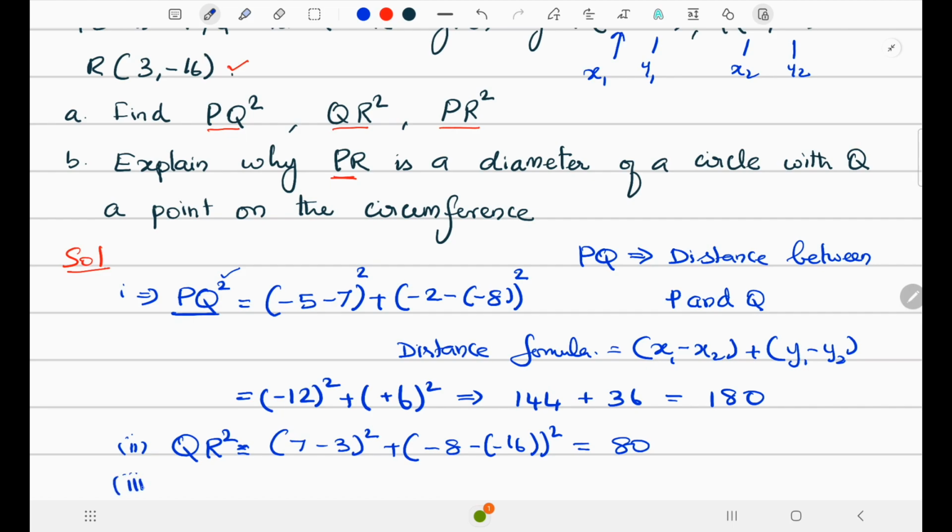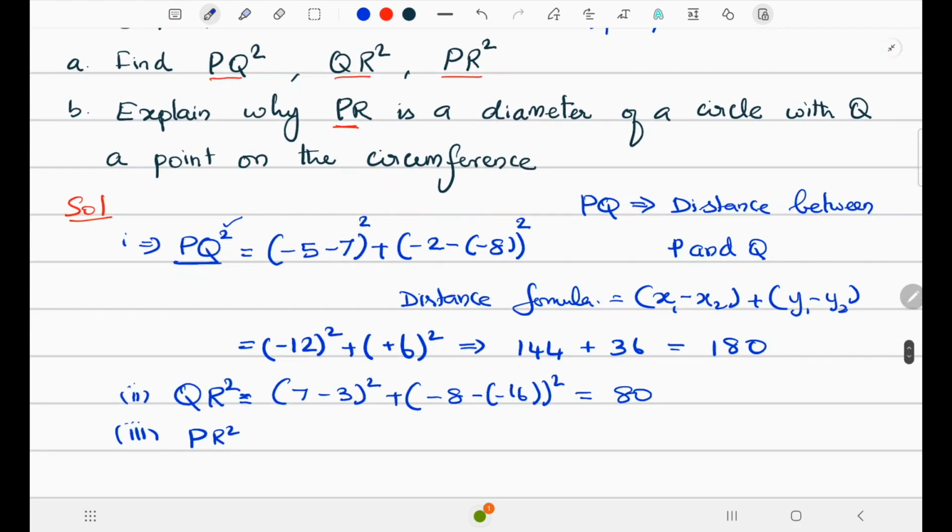And number 3, PR square. What is P? -5 minus 3 the whole square plus -2 minus of -16 the whole square. Solving this one, you will get 260.